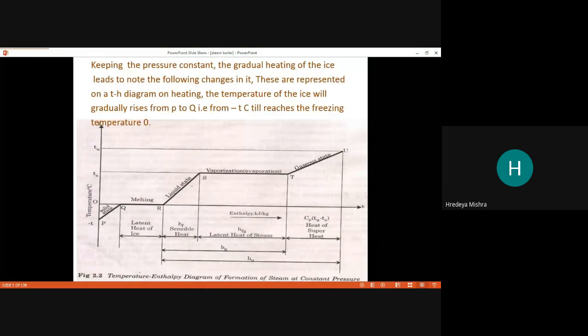So we can observe that it is only water which has all three stages at normal temperature.